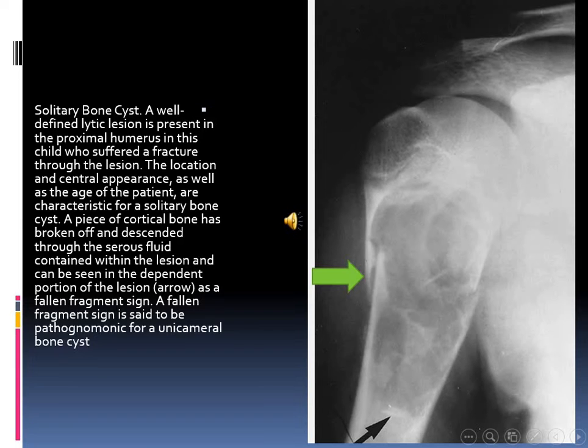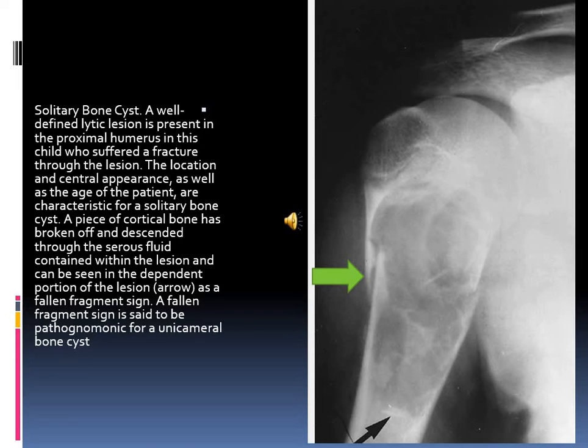Another example for the solitary bone cyst: as shown in this image, there is a well-defined osteolytic lesion seen in the metaphysis of the right humerus, and the lesion is associated with a pathological fracture as marked by the green arrow. Also, there is an important sign seen in this film, in which there is a dense bone fragment seen in the dependent part of the lesion.